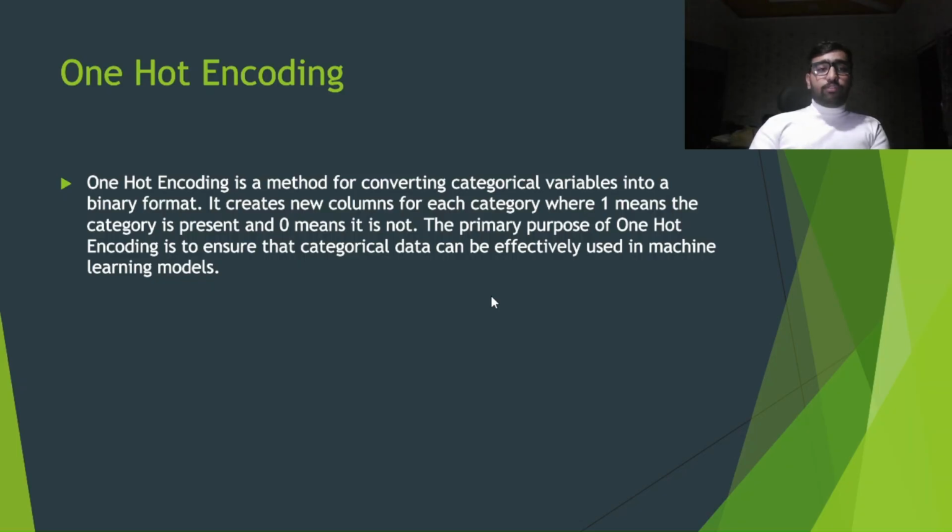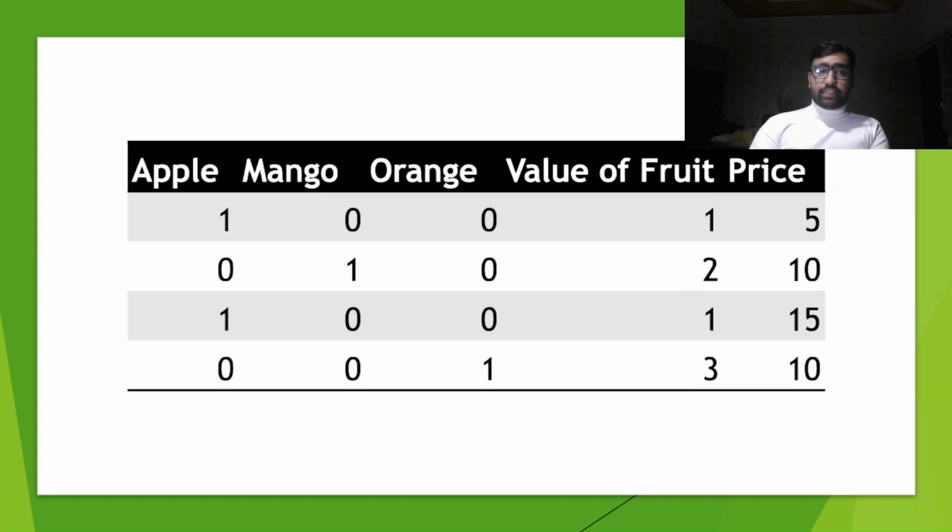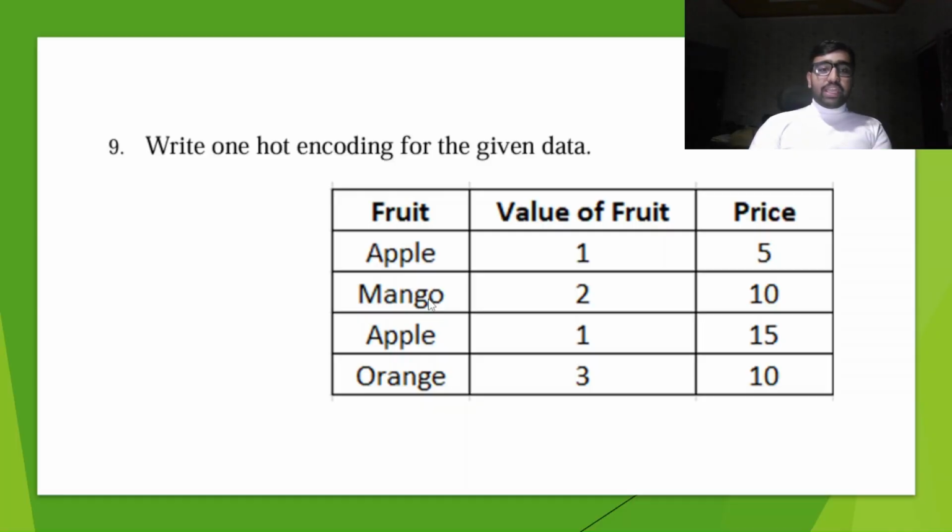Now let's solve this. Let's perform one hot encoding for the given data. So now we have successfully performed the one hot encoding here. Let me explain how we have achieved it. For my given categorical variable fruit, I had three possible values, which were apple, mango, and orange.